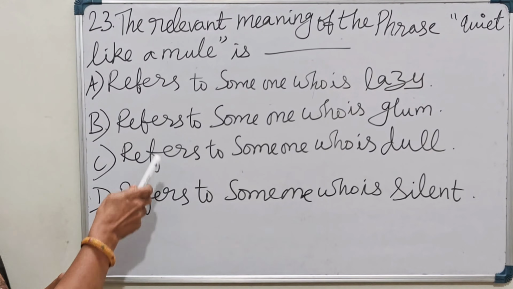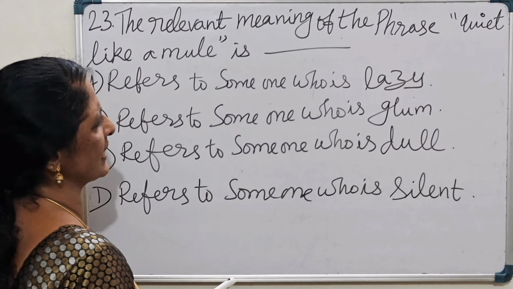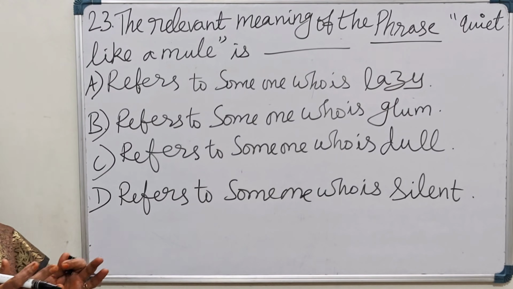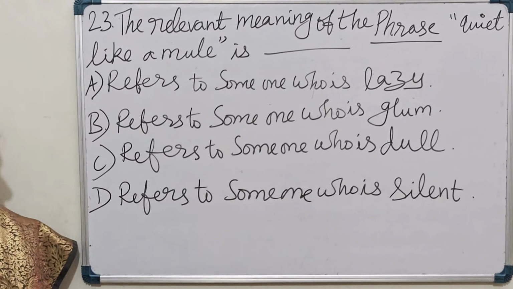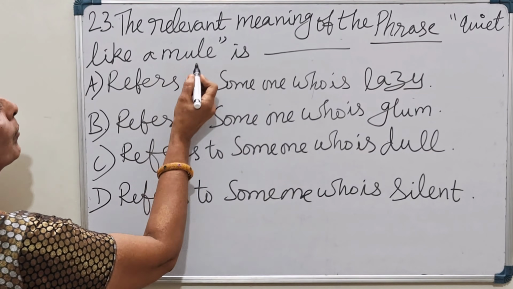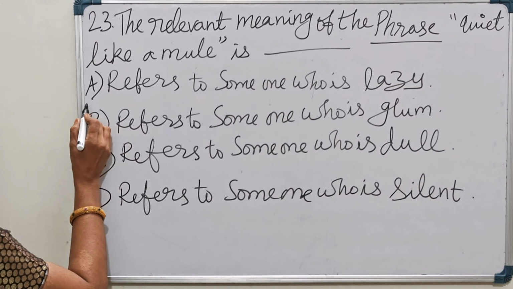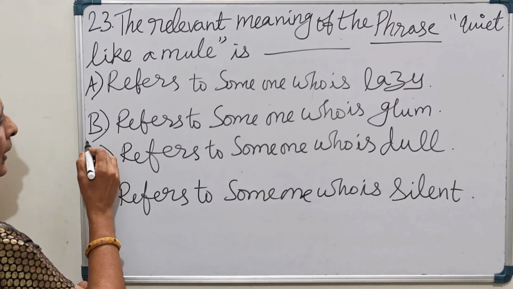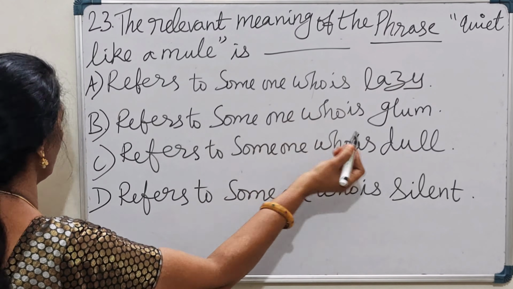23rd question. The relevant meaning of the phrase. What is meant by phrase? A group of words that are used together. This phrase: quite like a mule is dash. Option A refers to someone who is lazy. B refers to someone who is glum.